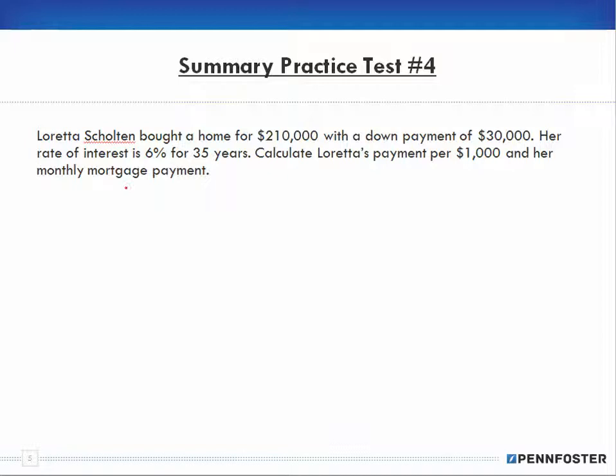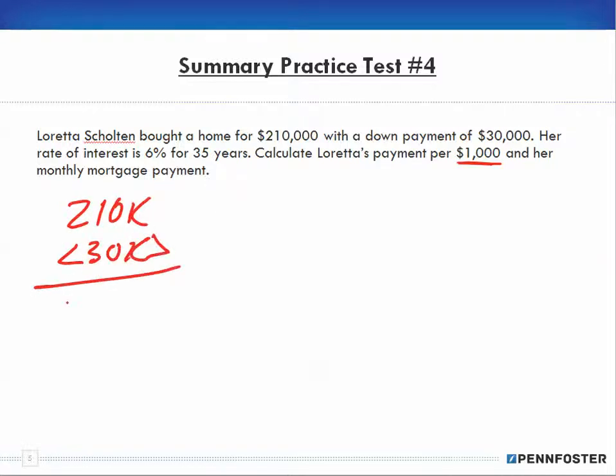It confused me here the way this is written because of just doing it so many times. We're going to calculate her payment per 1,000. So we take the loan of 210,000 and subtract the down payment of 30,000, and we end up with 180,000, which is what she's going to borrow. And what's her payment per 1,000?